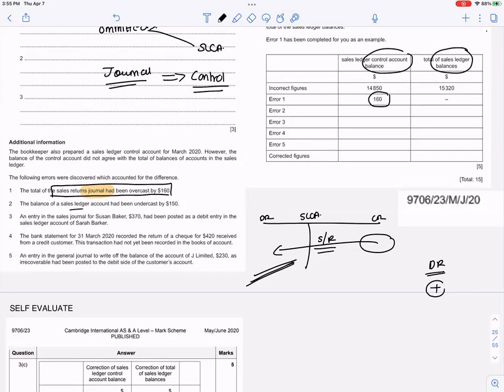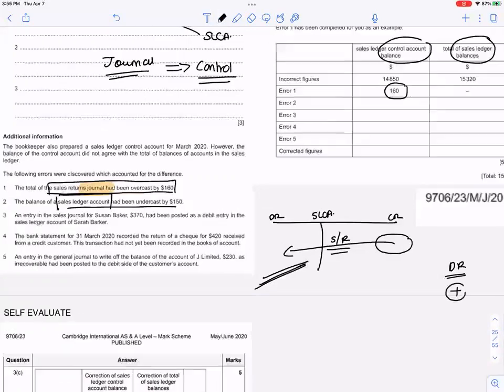Read the next one and tell me what has to be done. Sales ledger account, first thing.